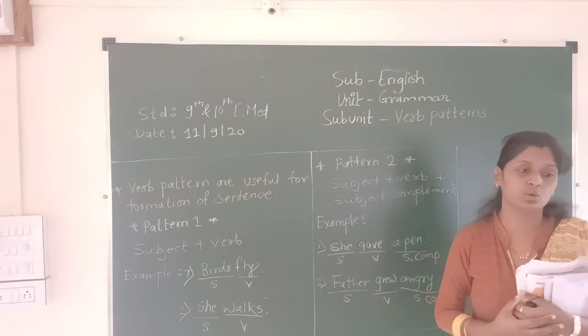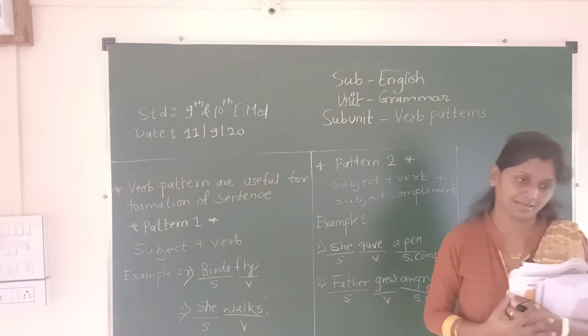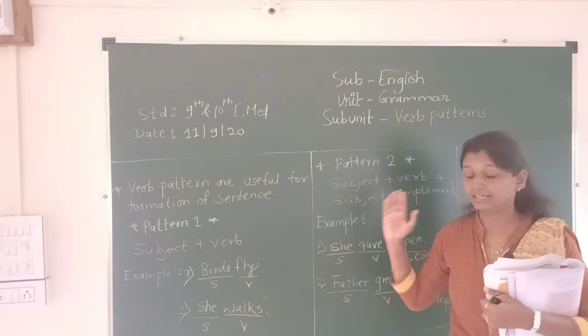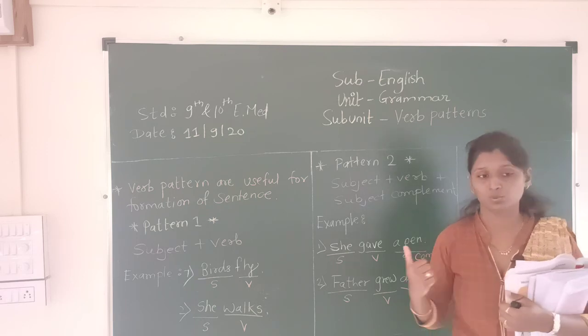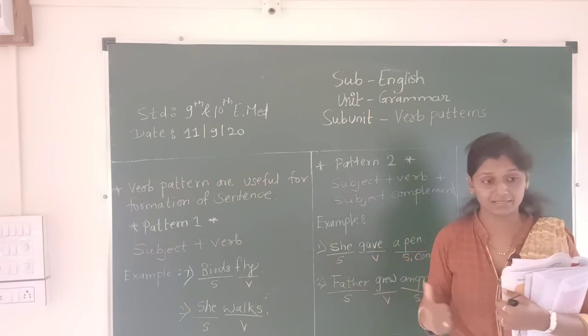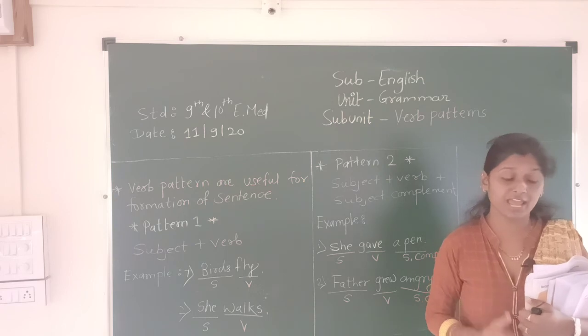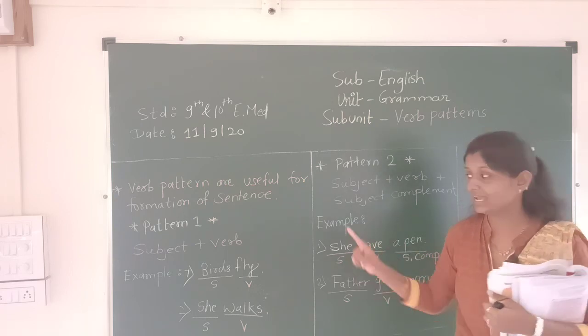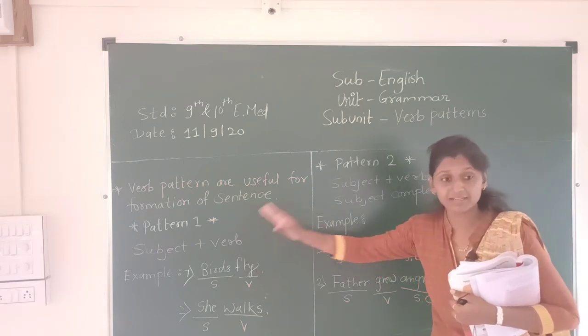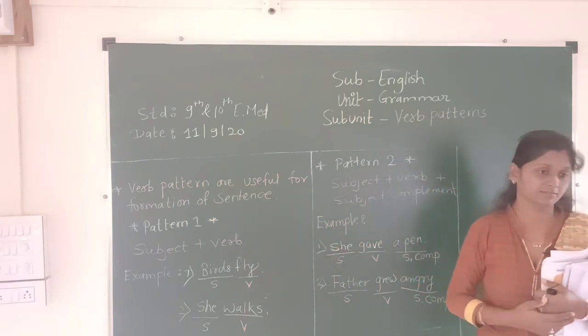In the next video we will see other verb patterns. Till that time, read these patterns and make as many sentences as you can with the help of the first pattern and the second pattern. Thank you.